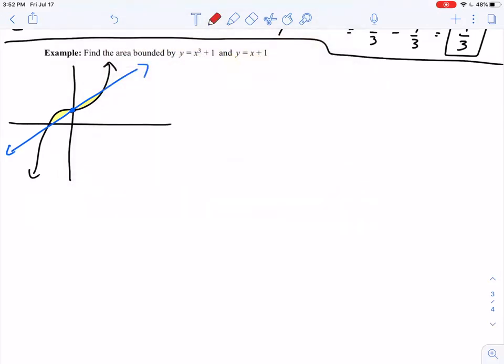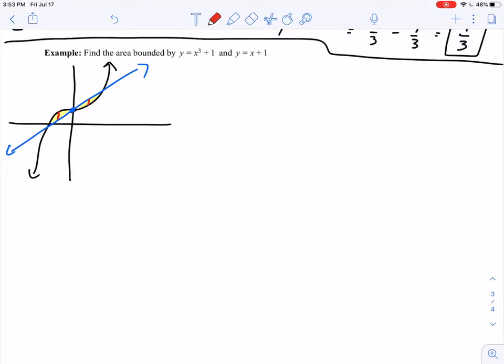On the left-hand side over here, the upper function is the black curve, the lower function is the blue curve. But if I jump over to the positive x-axis, there it switches. Now the upper curve is the blue curve and the lower curve is the black curve. So we want to make sure that we split this up. We're going to need two separate definite integrals.